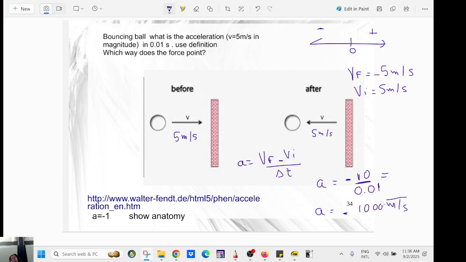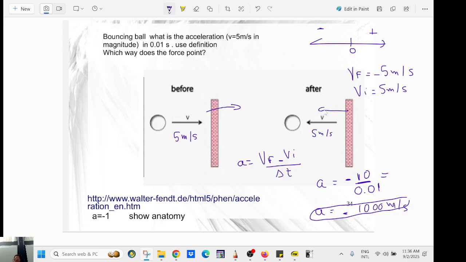Not that intuitive. There is a huge acceleration when you change direction, when you reverse your direction. Because not only do you have to stop, but you have to reverse. And for that to happen, there will be a huge force. Okay, you hit the wall, the wall will hit you back.